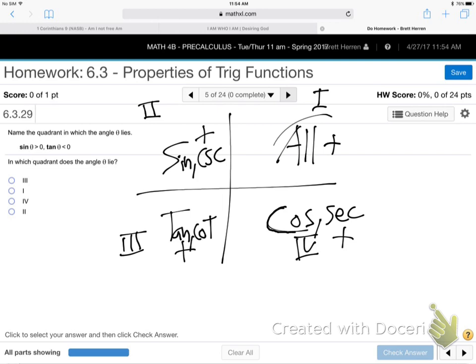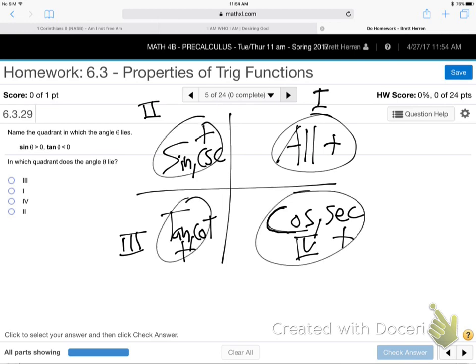So they're all positive in the first, but in each of the other quadrants, only 2 trig functions are positive, the other 4 being negative. All Students Take Calculus. Just an easy way to remember the positive, negative stuff for the trig functions. Okay. So with that in mind, sine of theta is greater than 0, which means positive, right? Tangent is less than 0, which means negative.